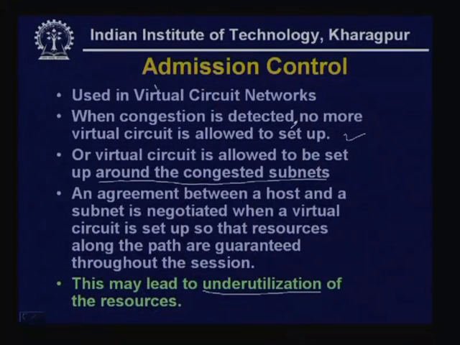That is one limitation of this admission control approach. Even under the availability of resources, the virtual circuit is not allowed to be set up. So, this may lead to underutilization, but definitely it helps in overcoming congestion.